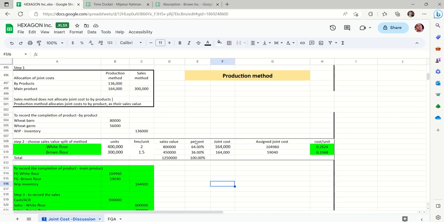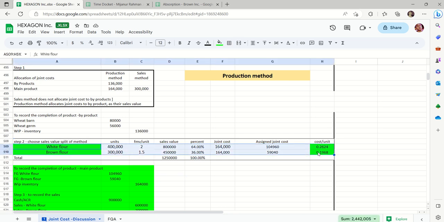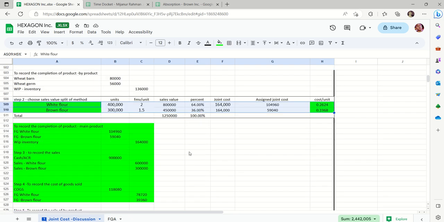Then, once we have our joint cost for the main products, if there are more than one main products, we use the sales value method in step two. We allocate the costs between the main products that is initially allocated by the production method or sales method.